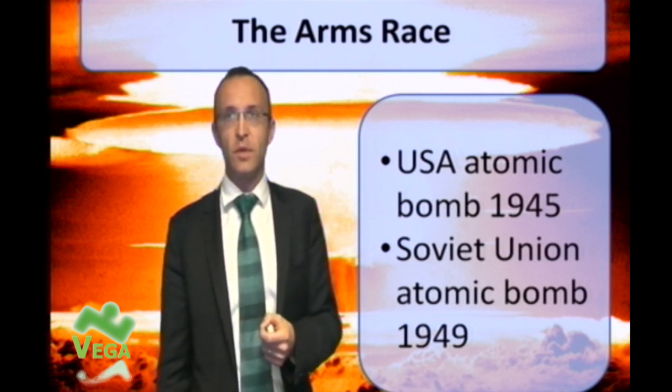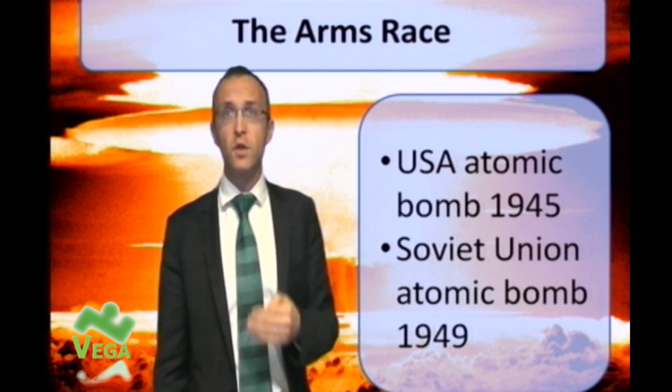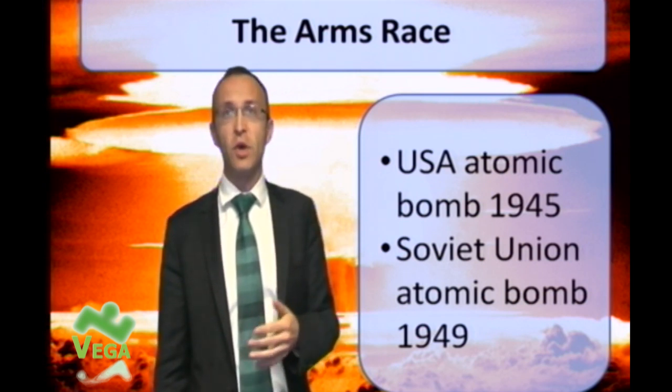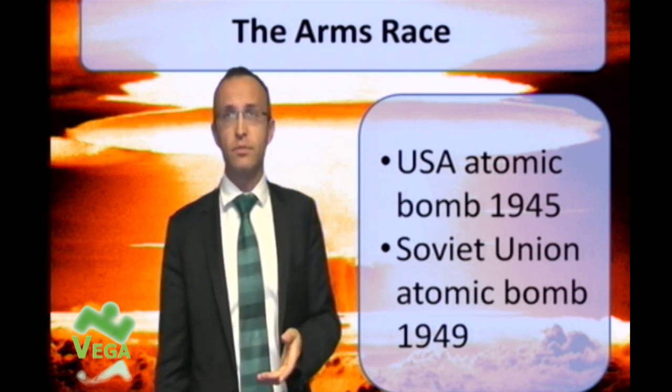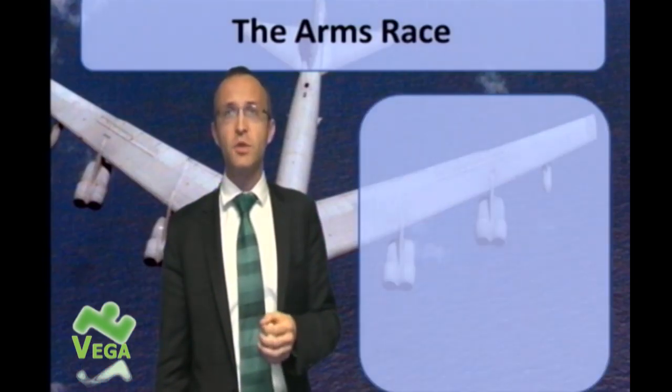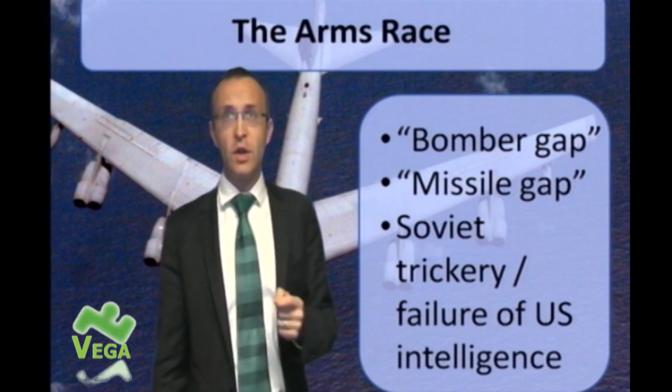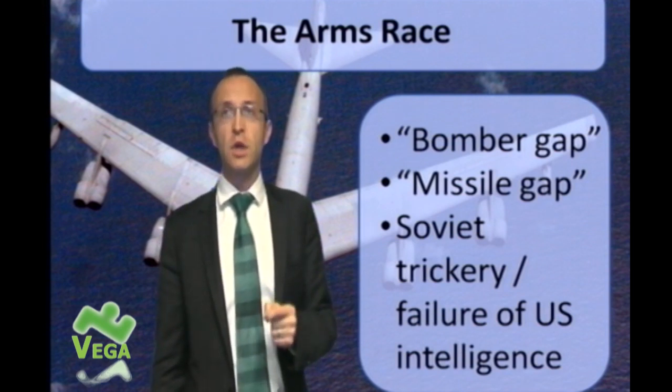in human history. From this point forward, the two superpowers began to stockpile weapons in what became known as the global arms race. And that arms race was characterized by paranoia on both sides. In the United States, there was frequent discussion of both a bomber gap and a missile gap.